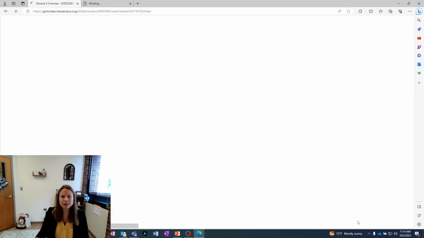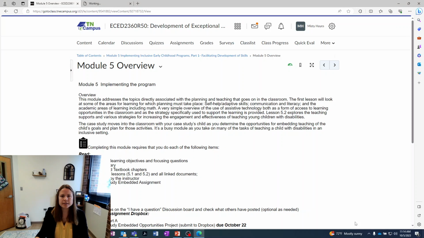Anytime I start a new module, I always like to look at the overview because this gives me an idea of where we're going. So this Module 5 is really talking about, now we have my transition plan in place. Well, now we have to go ahead and implement the program. So this is really going to address those topics associated with the planning and the teaching that goes on in the classroom.